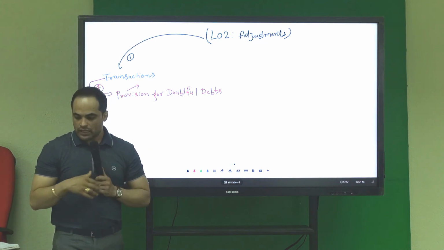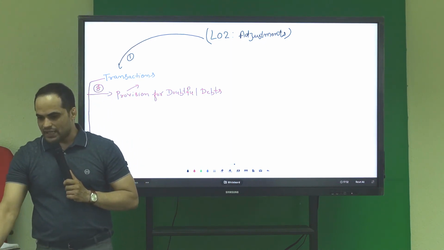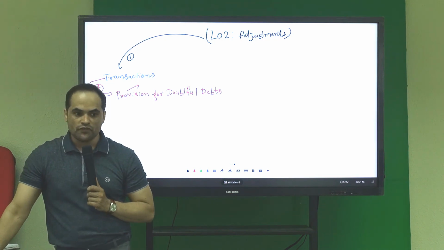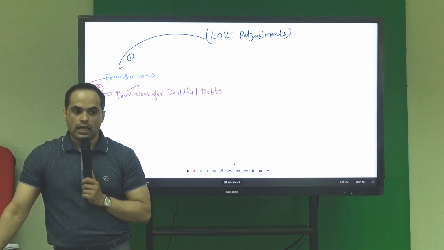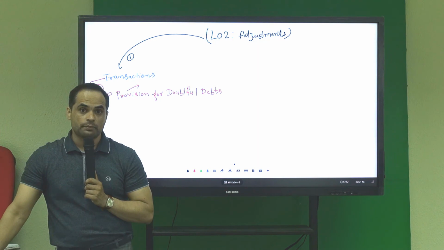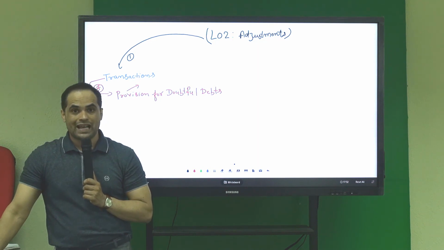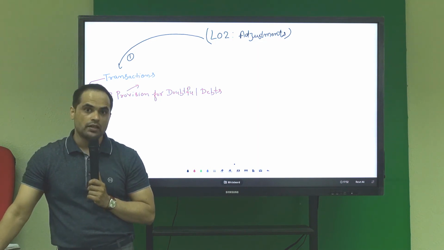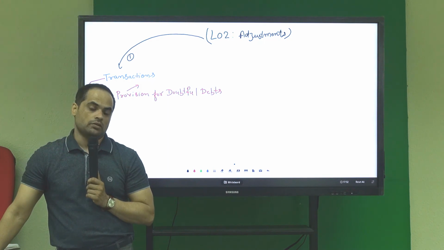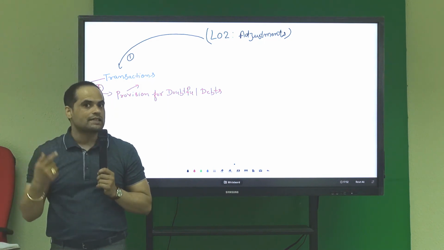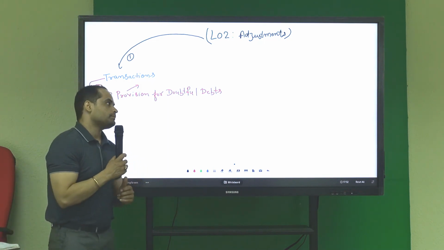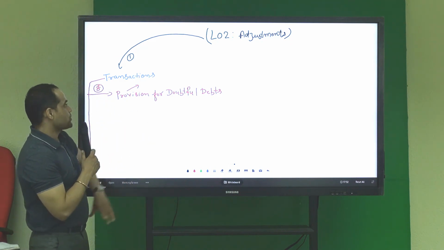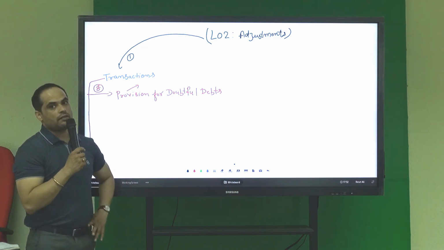Doubtful means any accounts receivable on which we have doubt that they may not pay us this year, so we make a provision. In accounting, future income is not present income, but future expense is present expense. On the basis of this concept, we make these adjustments in our final accounts.